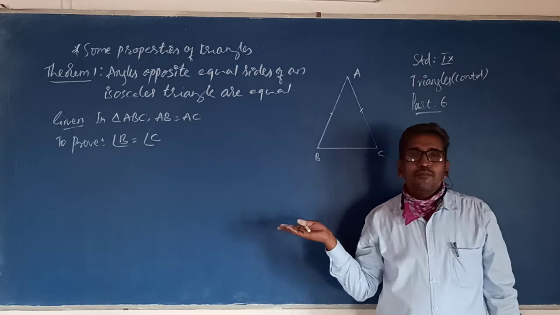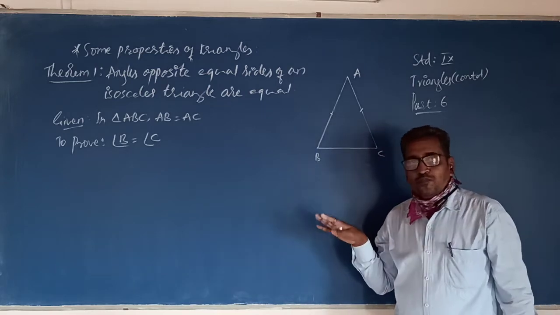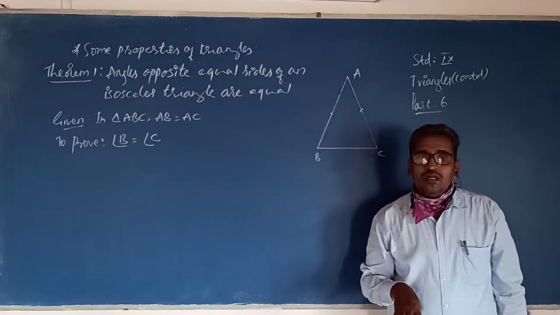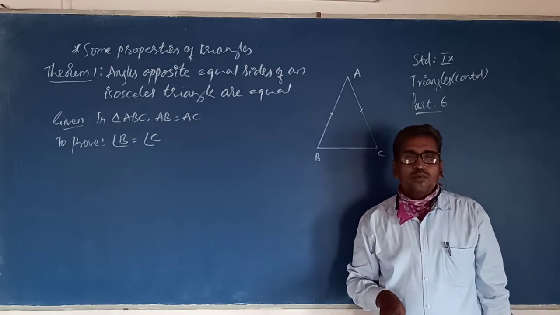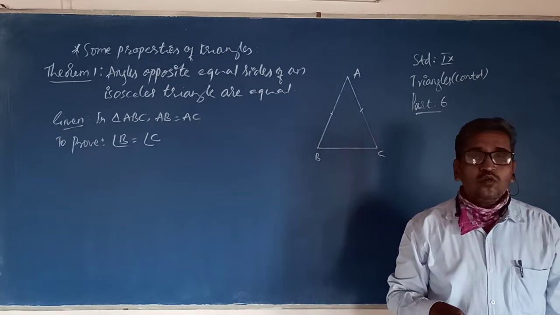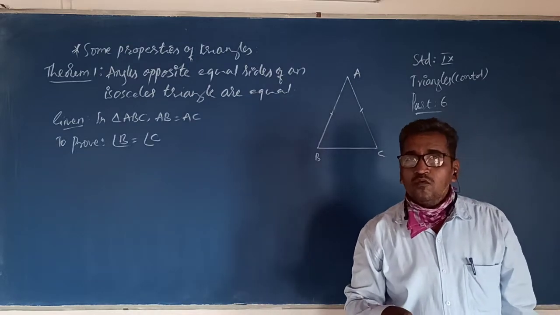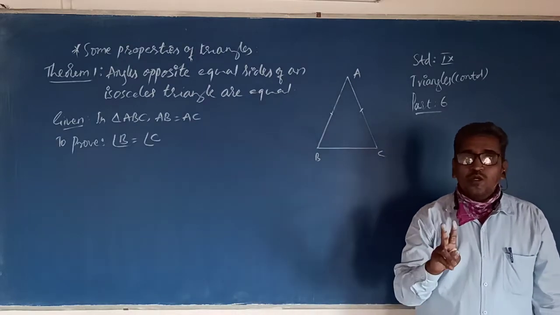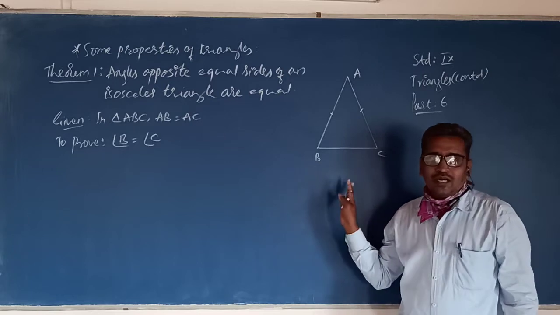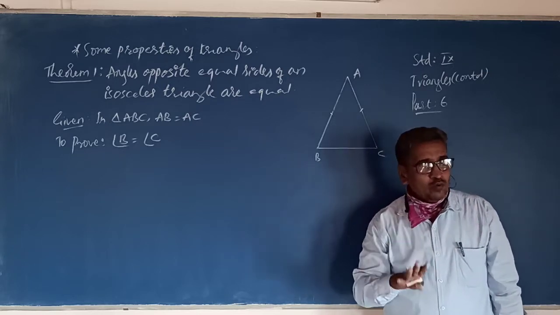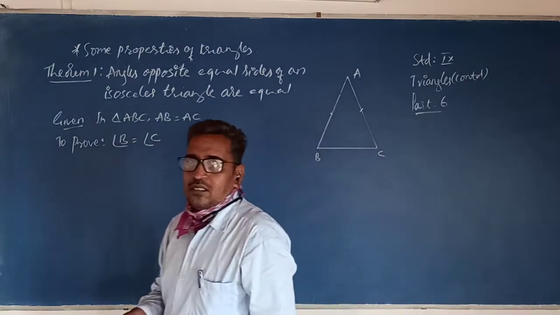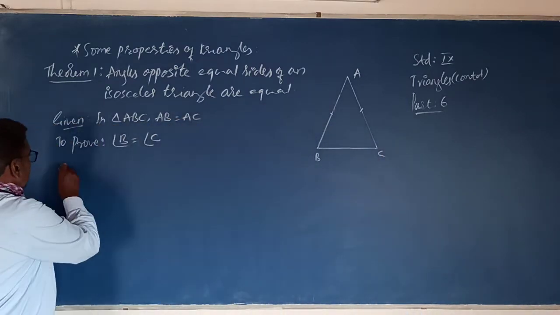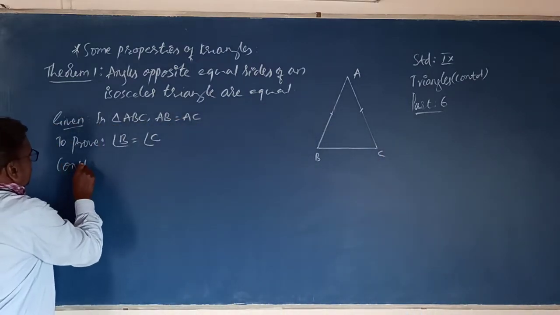That is practical. Theoretically, to prove it, according to the triangle chapter, the congruence property is to be applied. We want two triangles, but here only one triangle is given. Two triangles we want to make with the help of a construction.